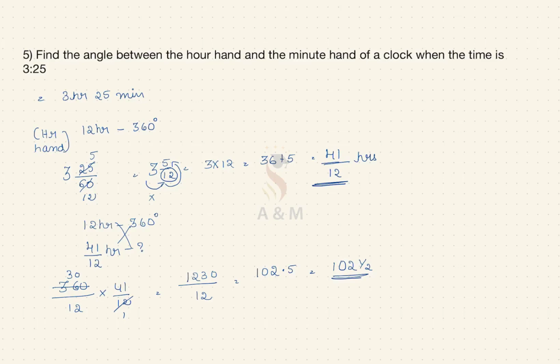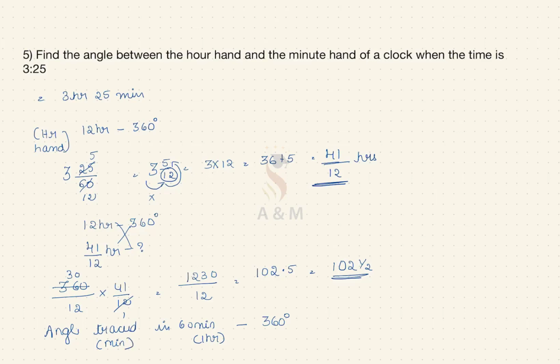Now the angle traced by the minute hand in 60 minutes, that is 1 hour, is 360 degrees, for your short hand, that is your minute hand.